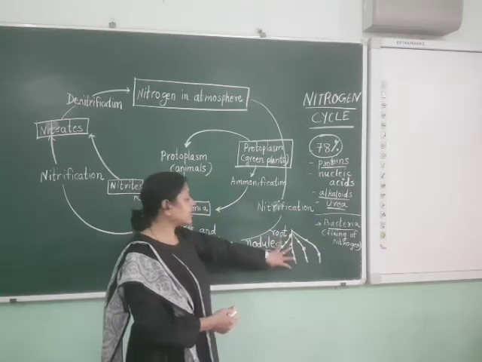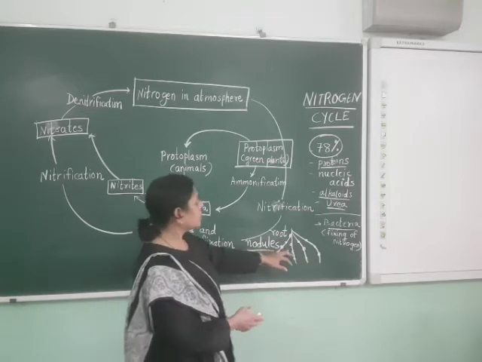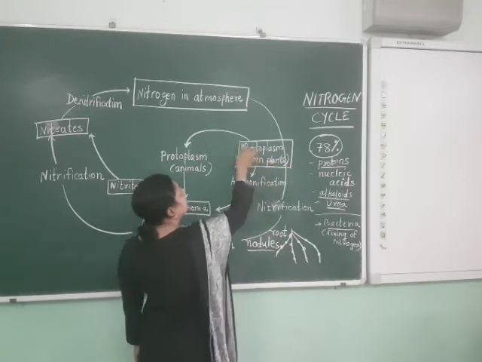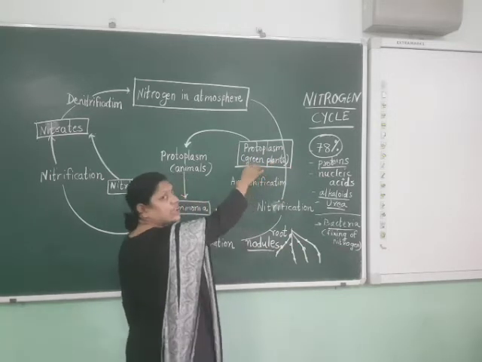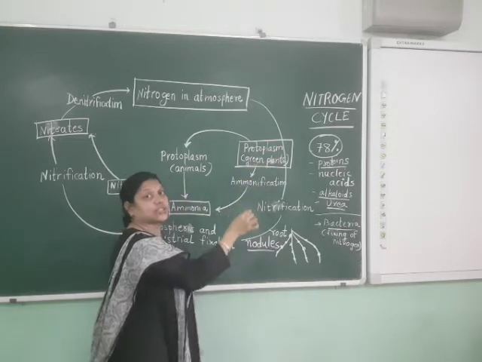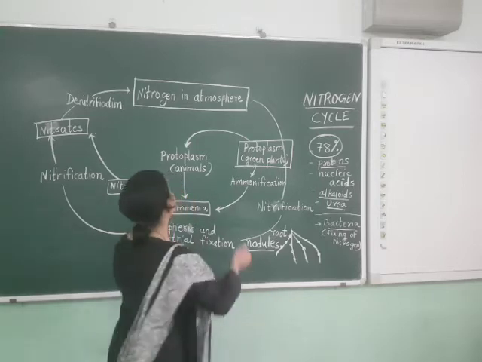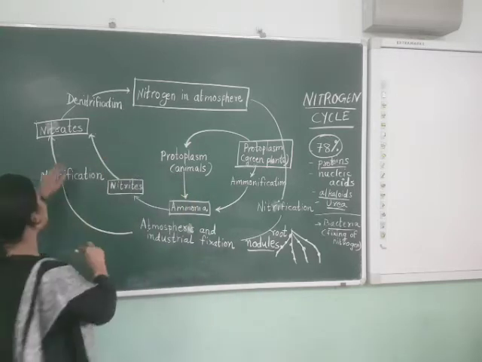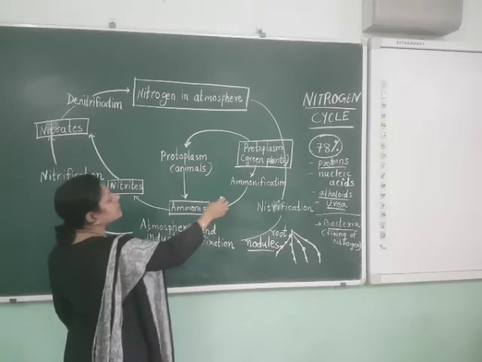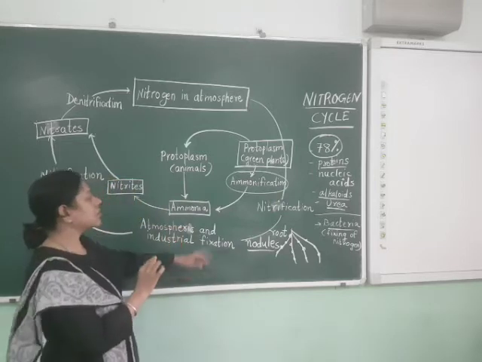Now when this nitrogen is fixed in the soil, it is passed to the plants and the plants utilize it. In this way, the green plants convert this nitrogen into complex substances like nitrites and nitrates. These nitrates and nitrites are made by the process of ammonification.